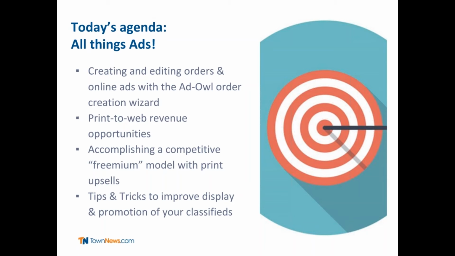Then we'll talk about a freemium model with this new print upsell from Ad Owl, as well as some additional tips and tricks to help you improve display promotion of your classifieds, and other things you probably have either heard whispers of or don't fully understand what you can do. We'll be jumping into more detail as we continue.